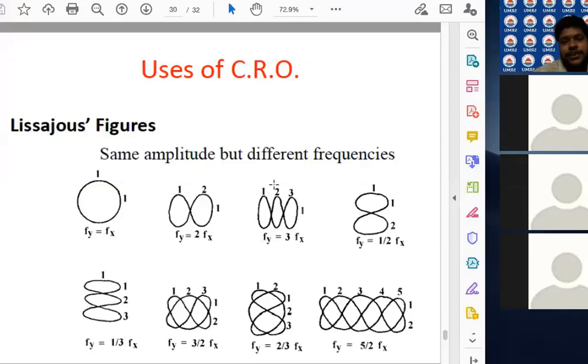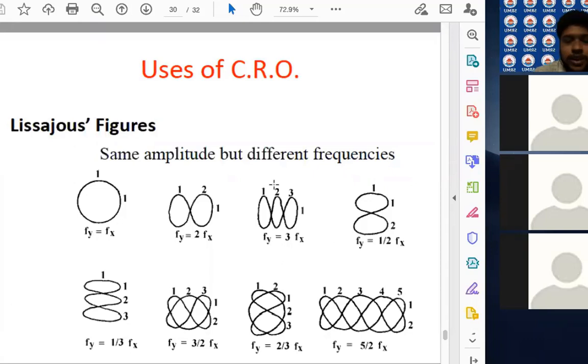तो इससे हम लोग फेज शिफ्ट निकाल सकते हैं, अननोन फ्रीक्वेंसी निकाल सकते हैं. This is the application when we apply signals on Y and X. दोनों प्लेट पे हम सिग्नल अप्लाई करके क्या करना चाहते हैं, उसका मतलब ये है कि Lissajous figure हम लोग जान गए और वो कैसे दिखते हैं ये हम जान गए, उसके दिखने की कंडीशन क्या है ये हम जान गए. Now we are talking about how we use it. So we have discussed that we can measure unknown frequency and phase shift using this.